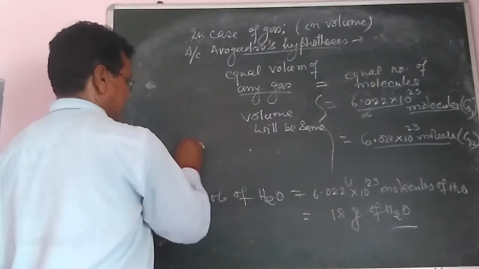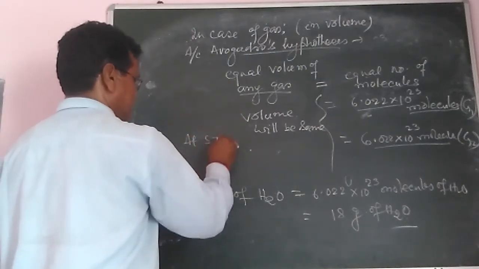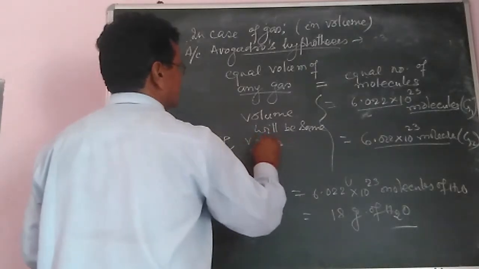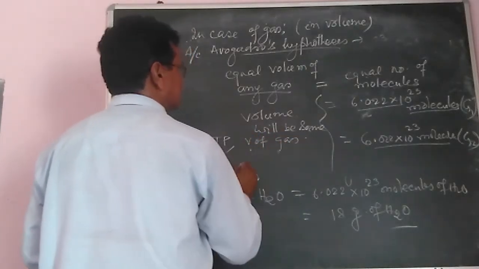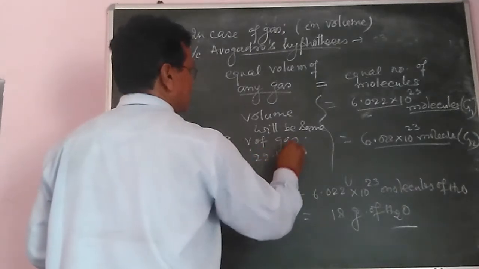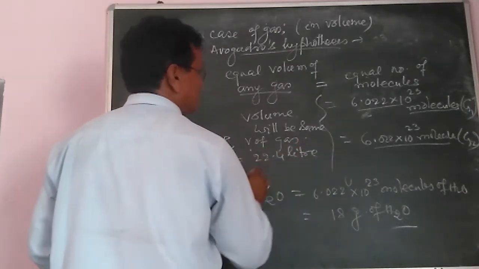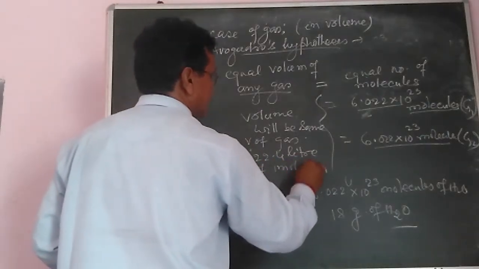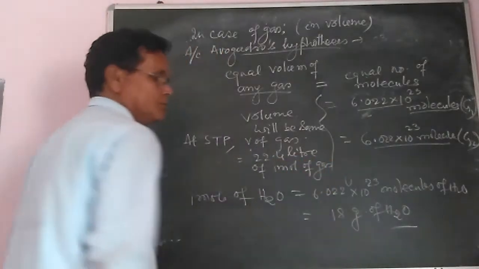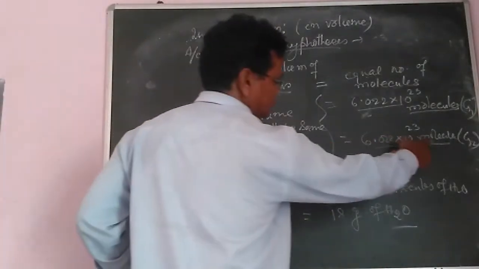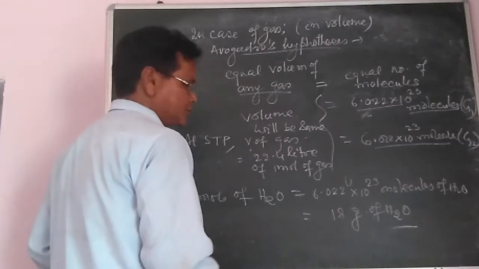It means at STP, the volume of 1 mole of gas is equal to 22.4 liters, and this number of molecules is also equal to 1 mole of gas.